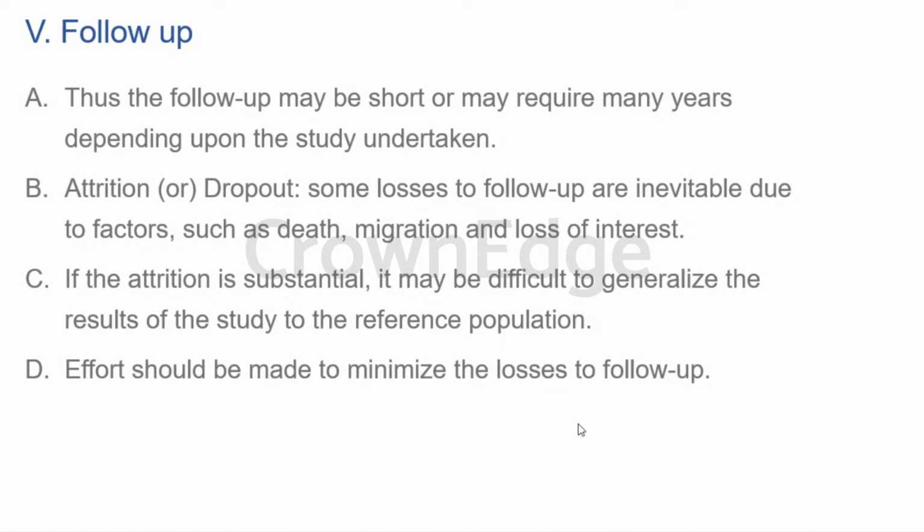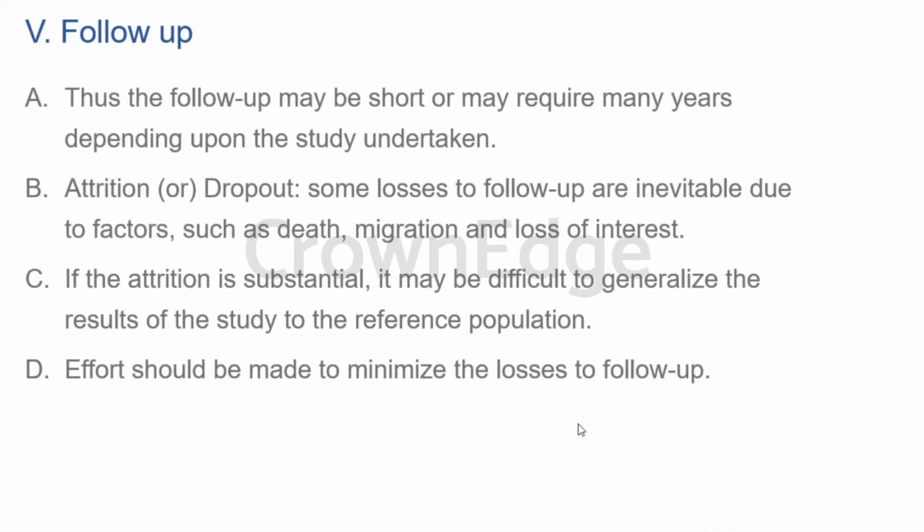But now at the end of the study you are left with data only from 50 participants. So this is a difficulty. You cannot generalize the results of these 50 participants to your population because the minimum required sample size to generalize results was 200. Effort should be made to reduce the loss to follow up at any cost.